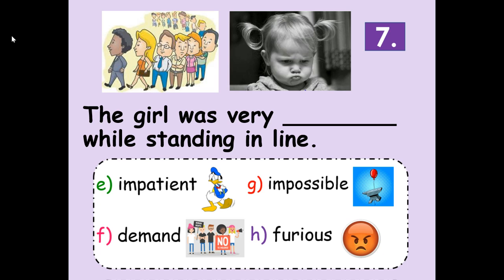Well, there could be two potential answers here, but the best one is impatient. Usually you get impatient when you have to wait in line for a long time, but you might also get furious because furious is similar because you start getting irritated.